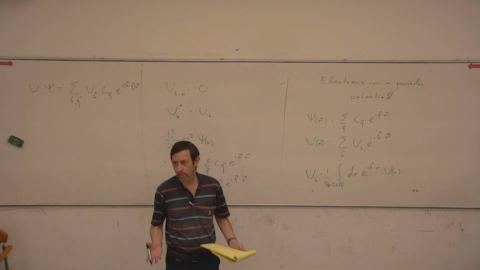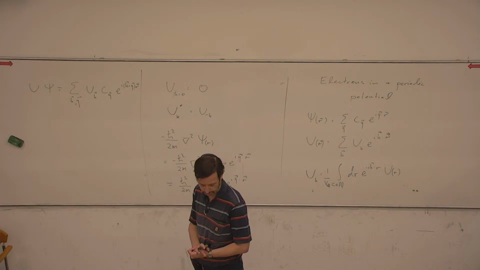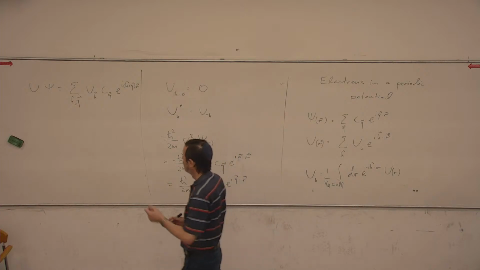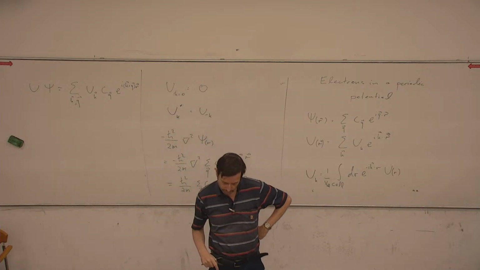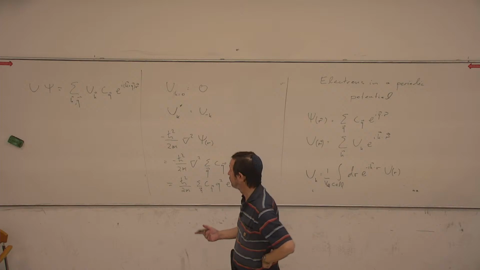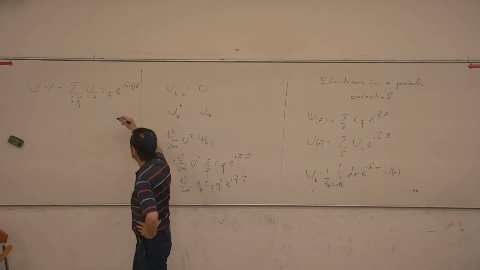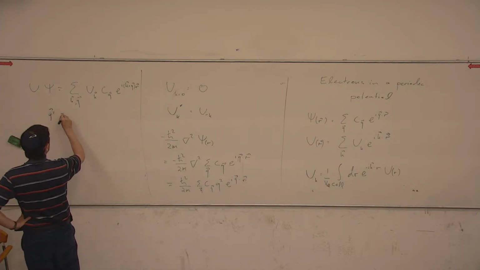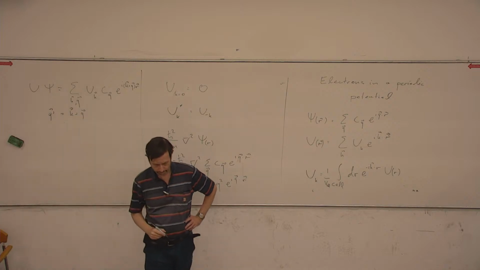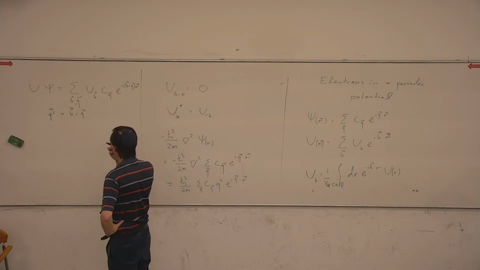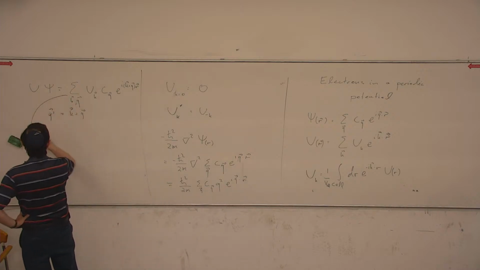I basically didn't do anything. I just wrote down the Fourier transform of one term and the other and multiplied them. I don't like this term. I want to change it for a particular wave vector here. So I'll define it Q prime. What's written here?